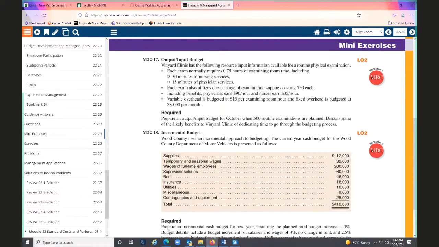Each exam utilizes one package of supplies and includes benefits, $90 an hour, and nurses can earn $35 an hour with the benefits put in. Variable overhead is $15 per examining room, and fixed overhead is budgeted at $8,000 per month. So what we're trying to do here is prepare an input-output budget when 500 exams are planned.